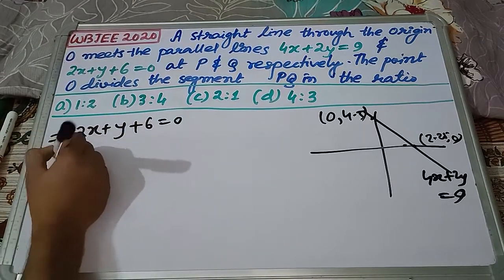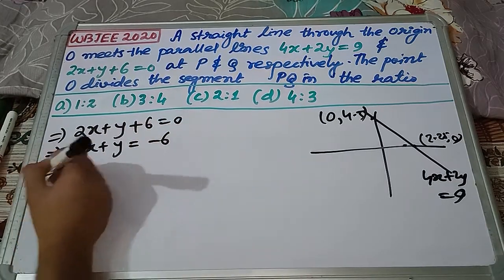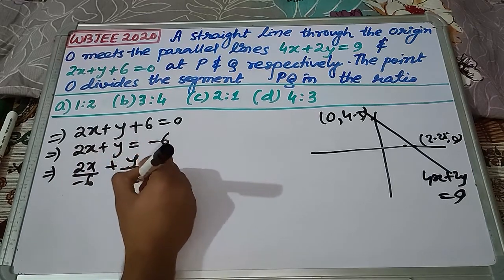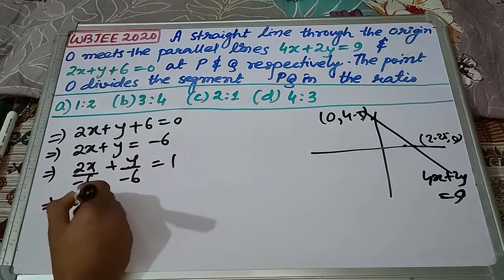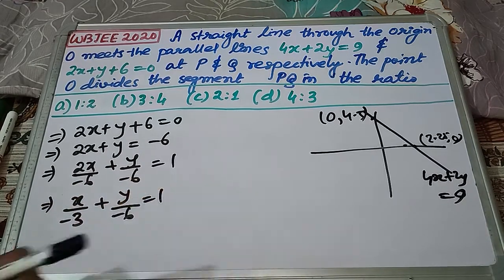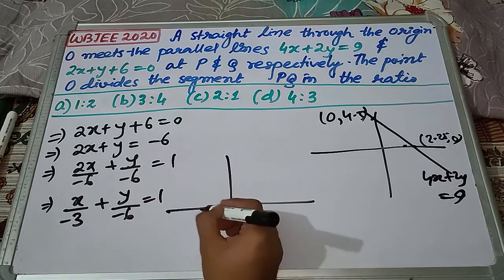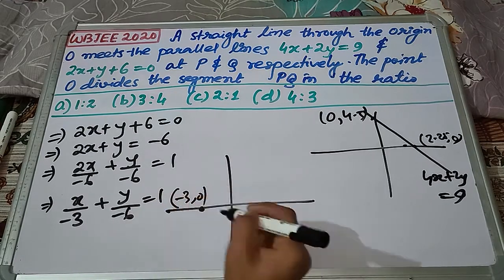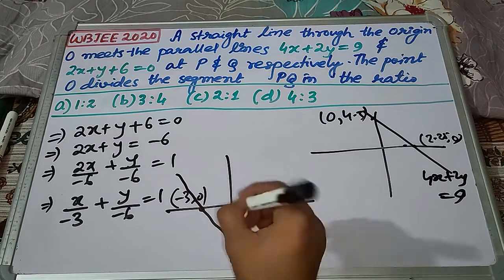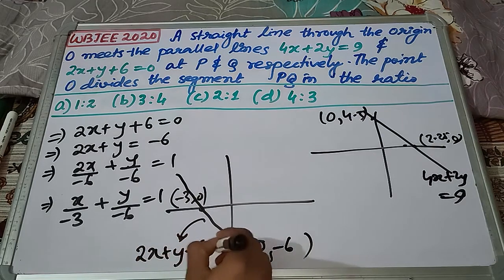We will again use that format. So 2x plus y equals minus 6. Therefore 2x by minus 6 plus y by minus 6 equals 1. This becomes x by minus 3 plus y by minus 6 equals 1. So the line will be somewhat of this type, minus 3 comma 0 and 0 comma minus 6. The line will be like this. This is our 2x plus y plus 6 equals 0.